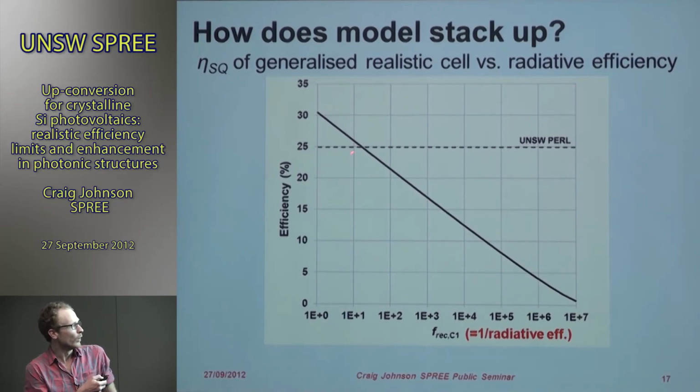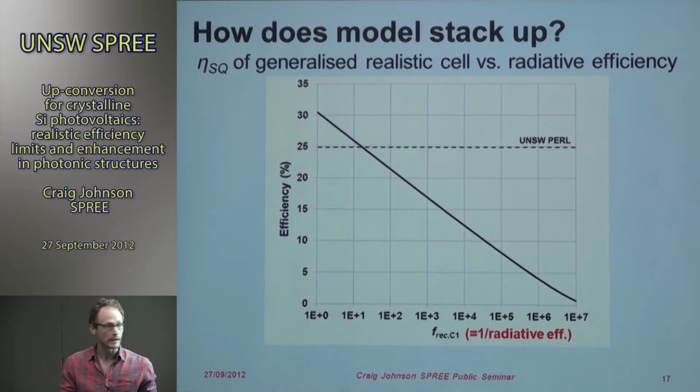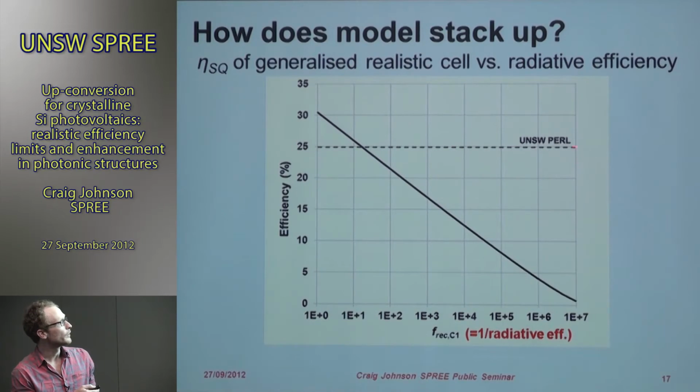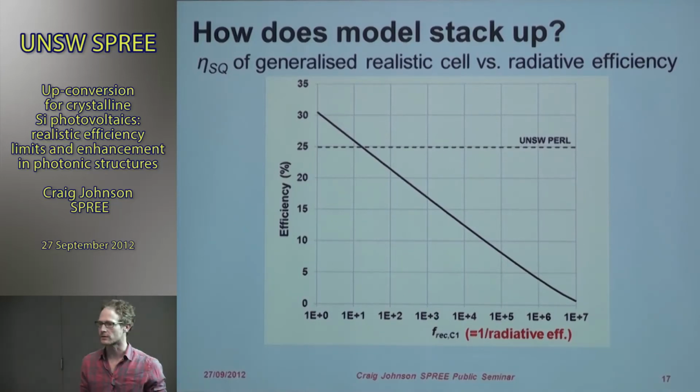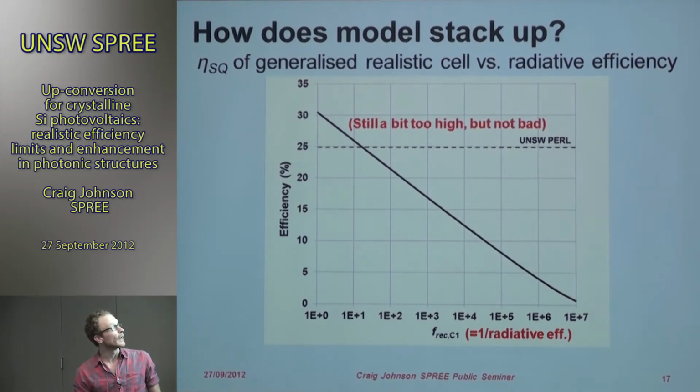So the obvious thing is that as your quantum efficiency goes down, so does the efficiency of your solar cell. Second, I put the PERL efficiency on there just to illustrate that at the point of 10% radiative efficiency, which let's assume is a good estimate of how radiatively efficient the PERL cell is, this model still overestimates the efficiency a bit, but it's not too bad.